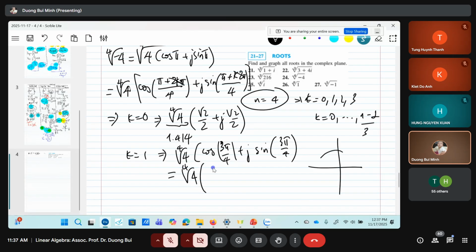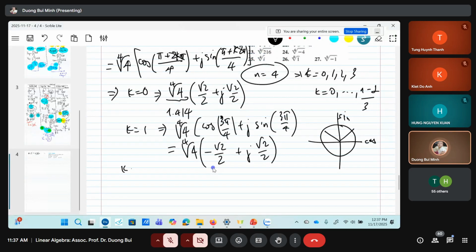This is pi over 4, so this is 3 pi over 4. So you get minus the root of 2 over 2, and then plus j. This is sine, this is cosine, right? Root of 2 over 2.